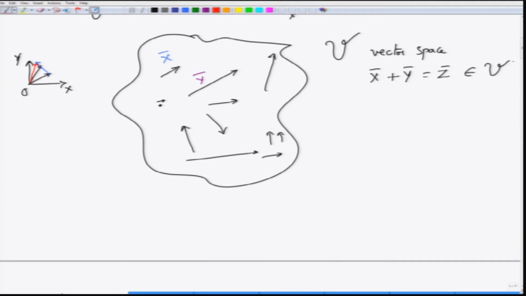So, this idea of the sum of two vectors resulting in a new vector which is lying in the same space is captured by this equation.